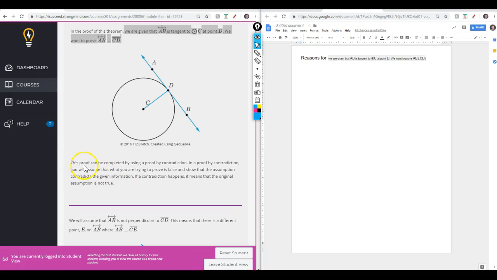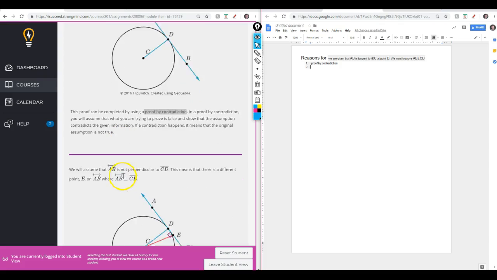So I'm just scanning through this. This proof can be completed by using a proof by contradiction. So I'm copying that. So 1, proof by contradiction. 2, in a proof by contradiction, you'll assume that what you're trying to prove is false and show that the assumption contradicts the given information.